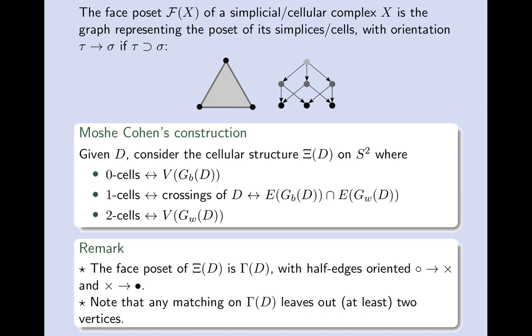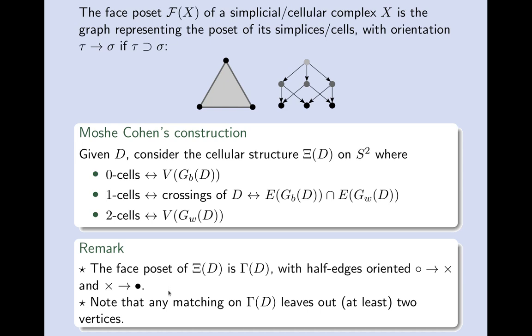The fact that at least 2 regions have to be left out will correspond to the fact that regions that are left out by a matching will be called critical, and will correspond to this sort of discrete version of critical points for a smooth function on the 2-sphere, which of course must have at least 1 minimum and 1 maximum.